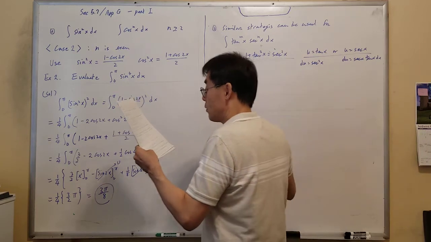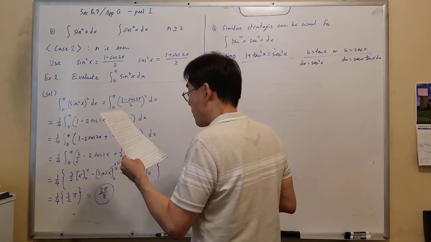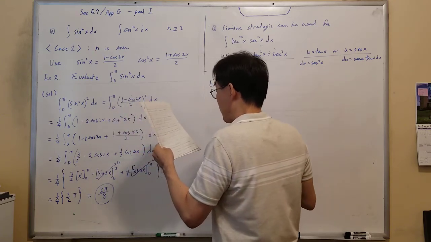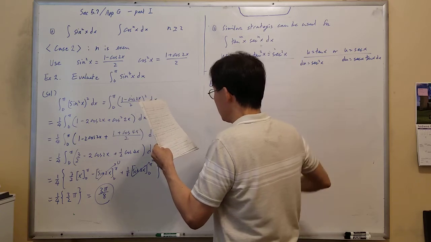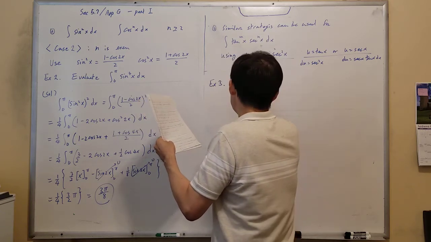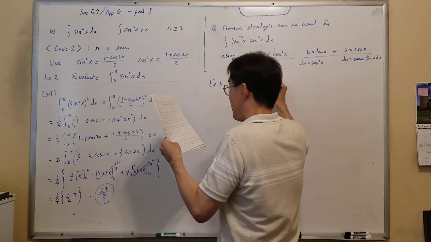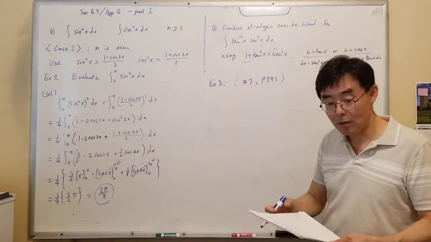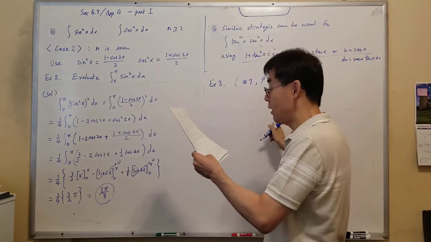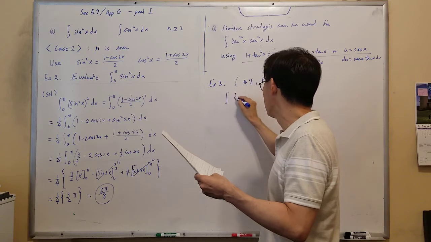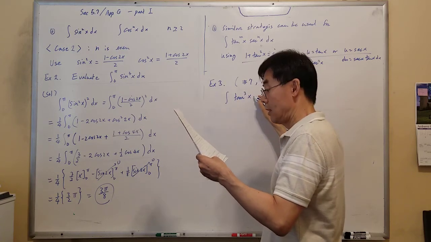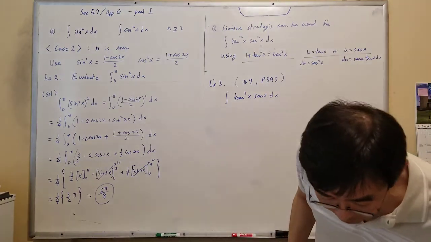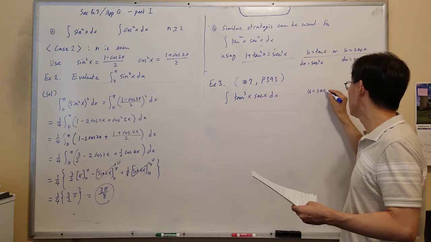So, I'm going to give you just example 3. Example 3 is number 7 of page 393. So I'm not going to give you the entire solution because this is homework. Okay? But I'll give you enough hints. So let's say you have tangent cubed x and secant of x dx. And they kindly gave you the hint that you have to use u equals secant x.